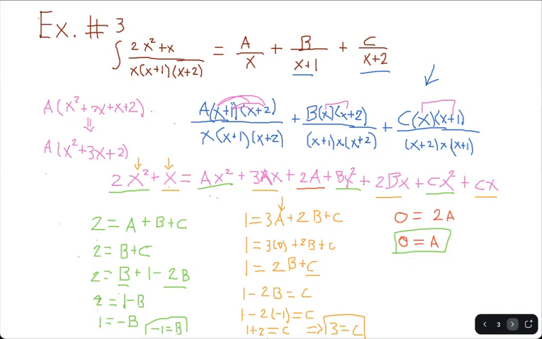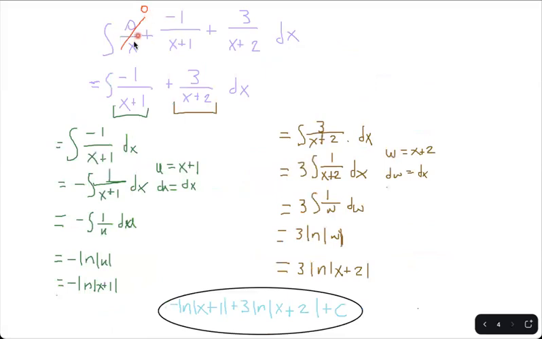With this all in mind, wherever we saw a, b, and c, we replaced them with the respective values that we calculated. Since 0 over x is equal to 0, we crossed it out, and we were just left with negative 1 over x plus 1 plus 3 over x plus 2.